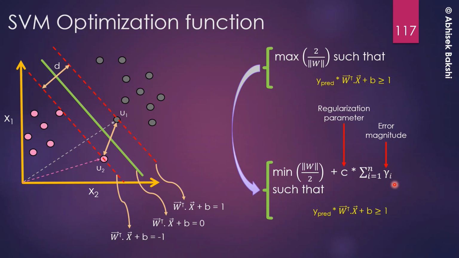It basically gives some resistance to the fan, which gives an estimation for the speed of the fan. You can control that. Similarly, this C is used here to control how much error you want to involve in the objective function.